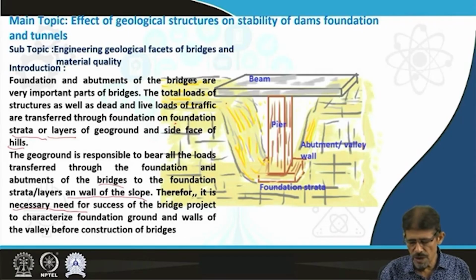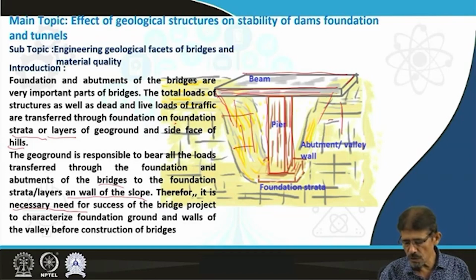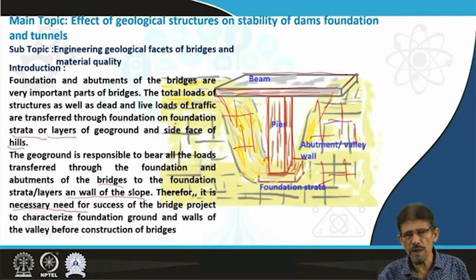You can see here the superstructure of bridge is either supported by this abutment or supported by pillars or supported by both. Therefore, the strata belonging to the abutment should be sufficiently strong and of good quality to bear the load of superstructure.